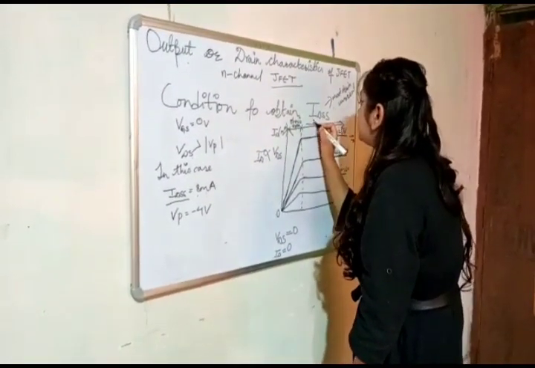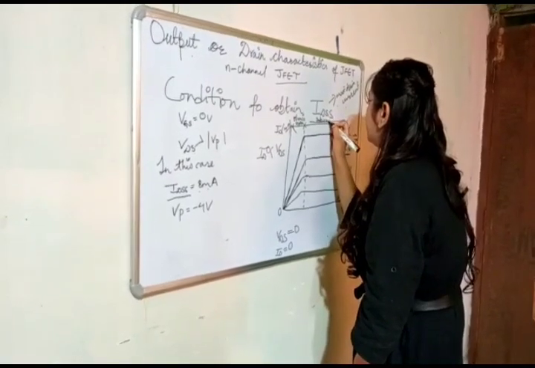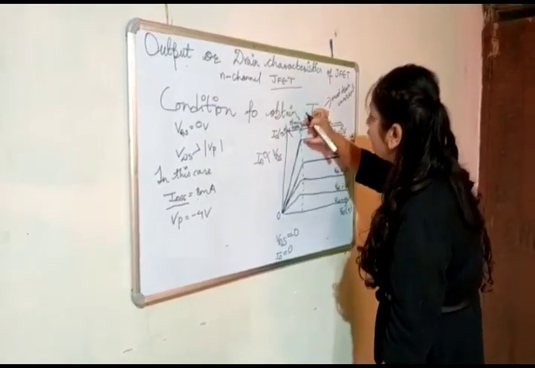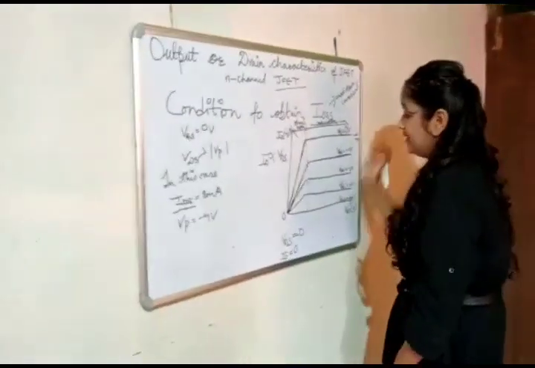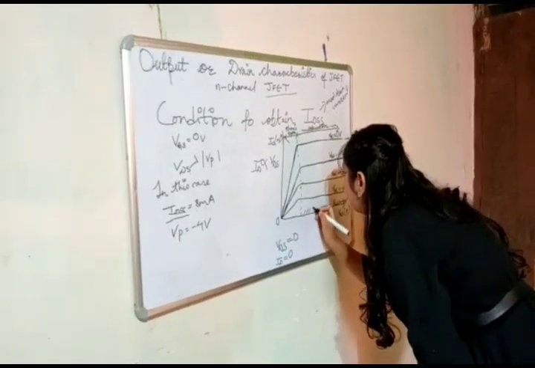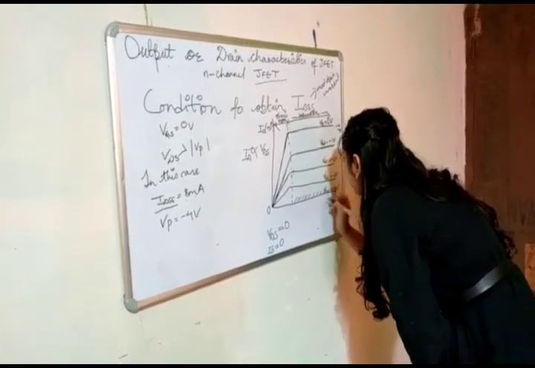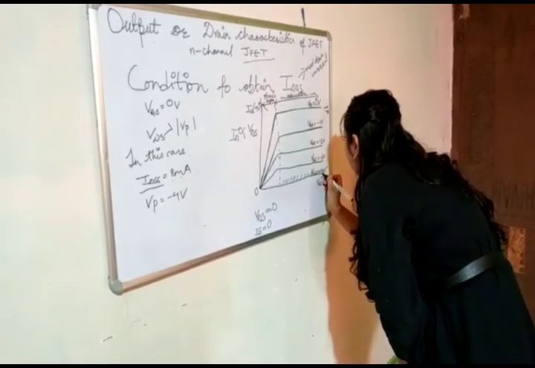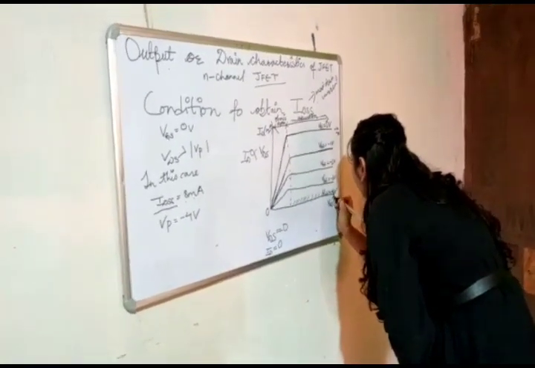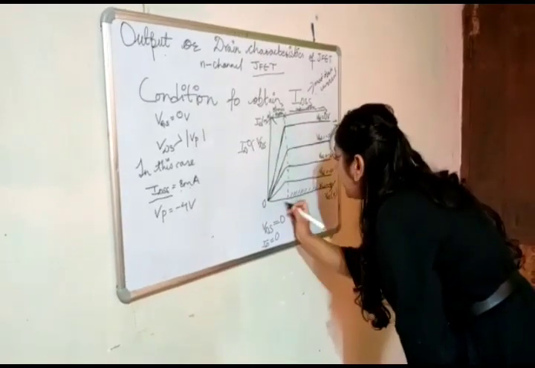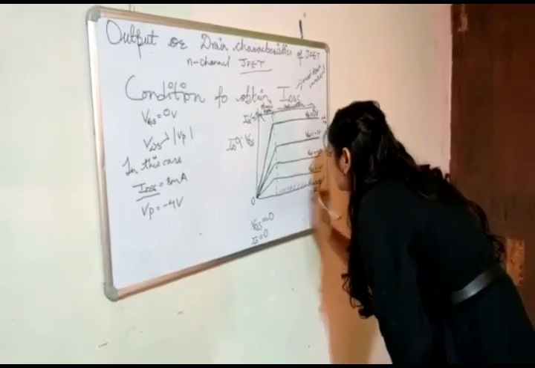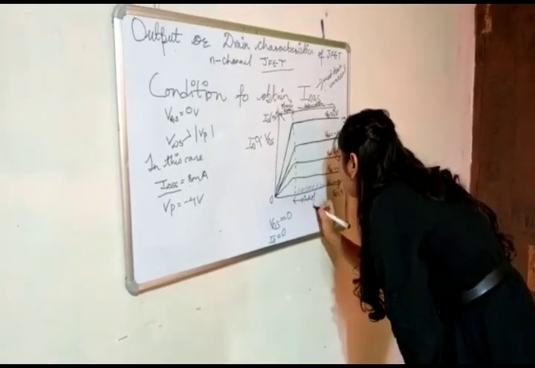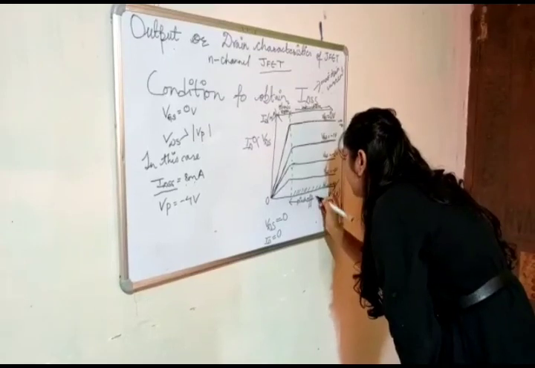This is our saturation region, where the flow of current is constant. And this is our pinched off voltage region, as VGS is equal to minus 4 V, where we find that there is no current flow in this region.